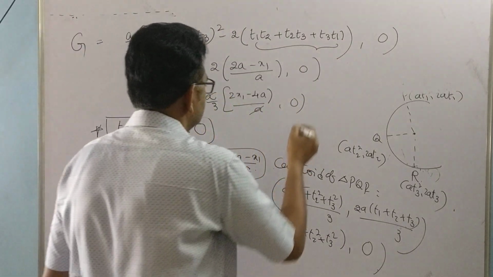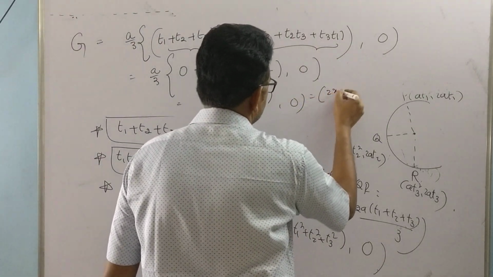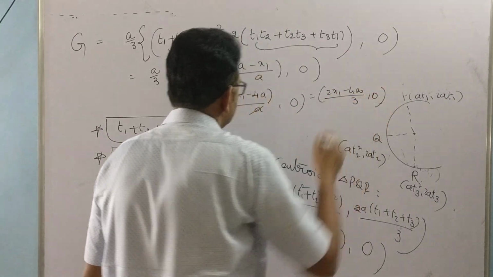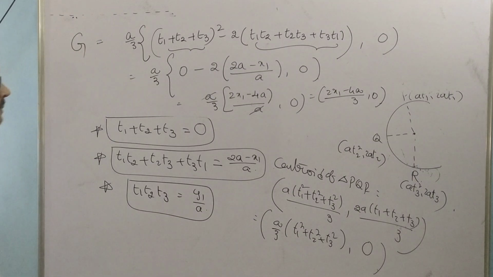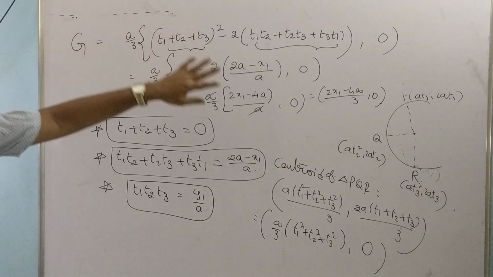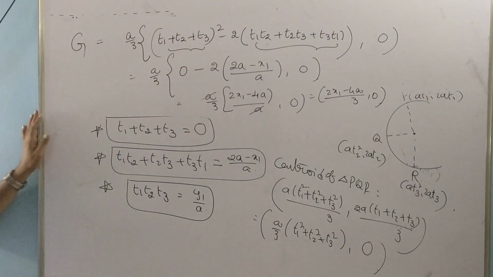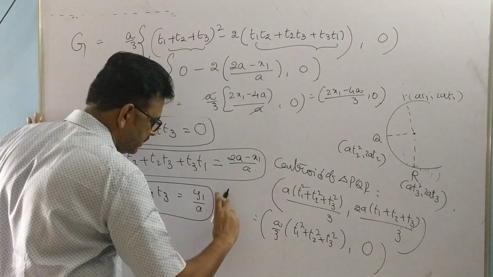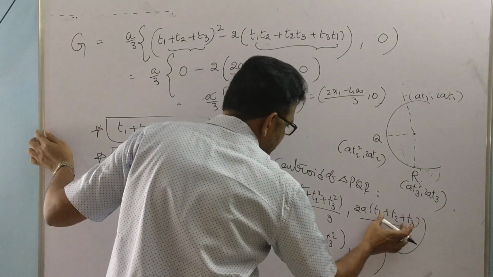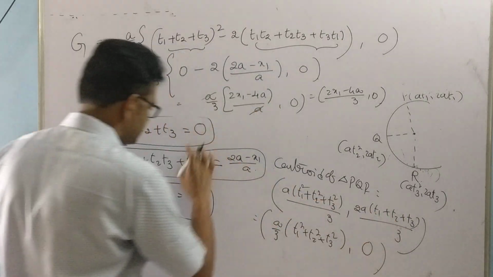Therefore that is equal to (2x1 minus 4a) by 3, comma 0. Okay, so this is the centroid of the triangle. Without using all these points it is not possible, because that is the relation between these three.